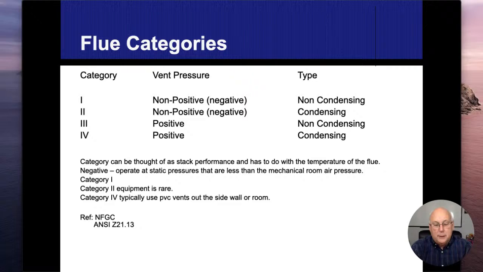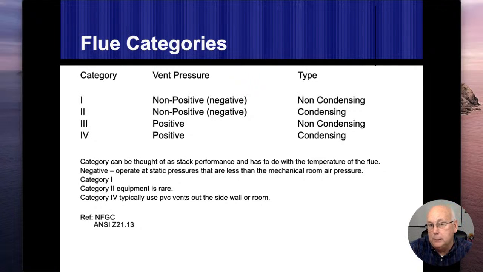Flues, most of the stuff we're going to be dealing with are going to be category 1, 3, and 4. I never really saw a category 2 furnace. That would be a high efficiency furnace or a condensing furnace that either does not have an inducer fan or it has a forced draft fan when we're dealing with it.